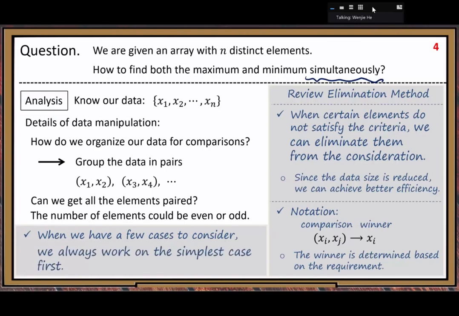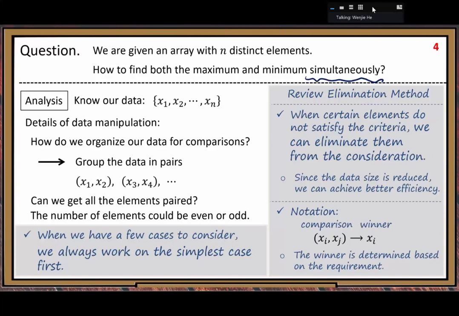There is a question: which one should we consider first? The answer is we always work on the simplest case, because usually one is simpler than the other. Our problem-solving strategy is you always work on the simplest case first, not the hardest case first.